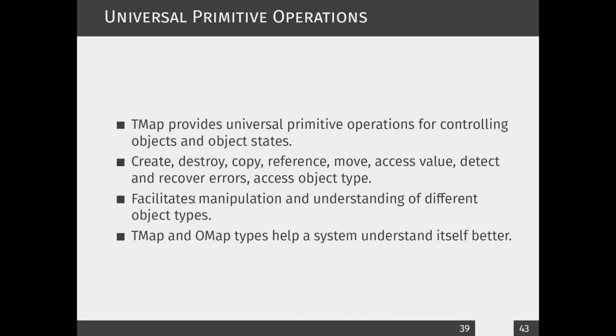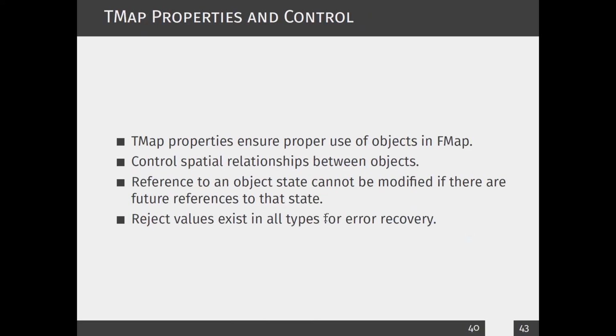So this also facilitates manipulating and understanding different object types. So the use of TMAPs and FMAPs helps the system identify itself better. I think it should be TMAPs and FMAPs we have used; I will make the correction. So we can understand the system because we have a graphical representation.